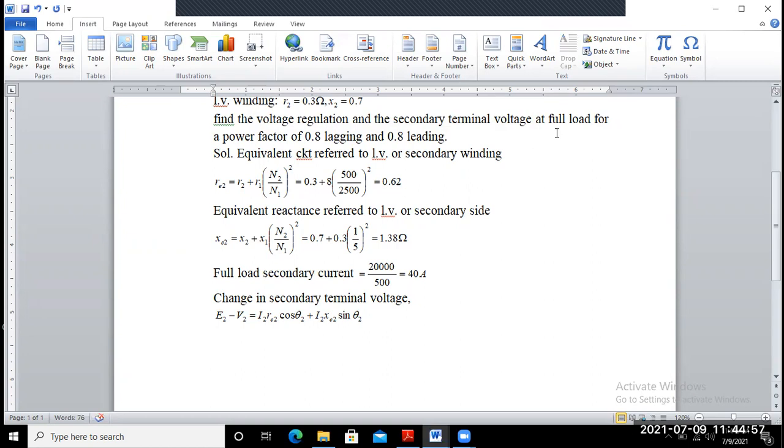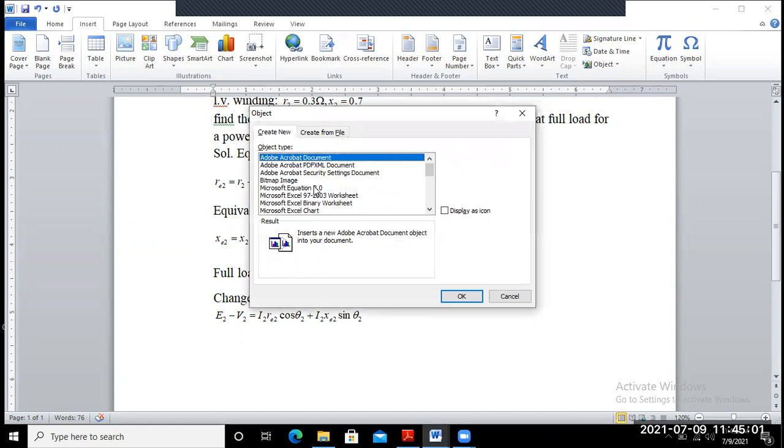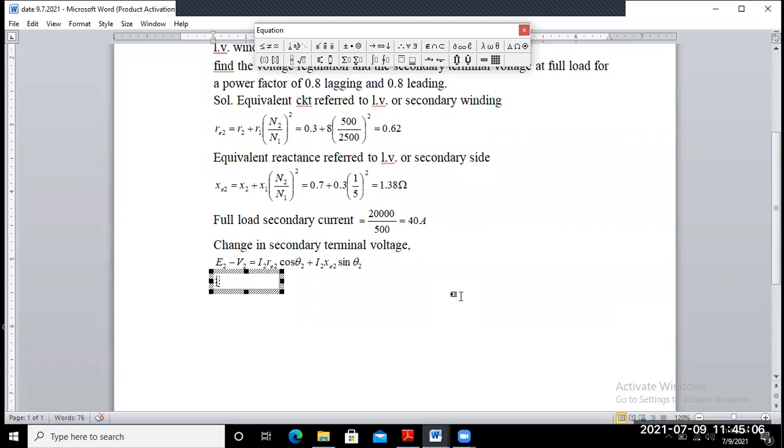So E2 minus V2: put the value of I2 equal to 40 ampere, into RE2, the equivalent resistance referred to the secondary side, which you already found, 0.62, and cos theta 2 is given to you as 0.8. So multiply by 0.8, plus I2 XE2 sin theta 2.